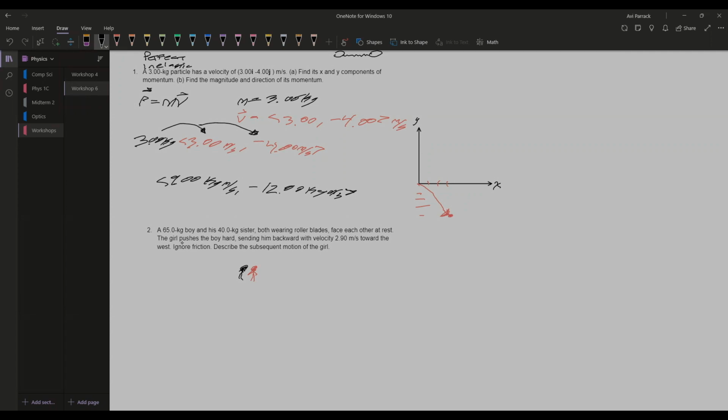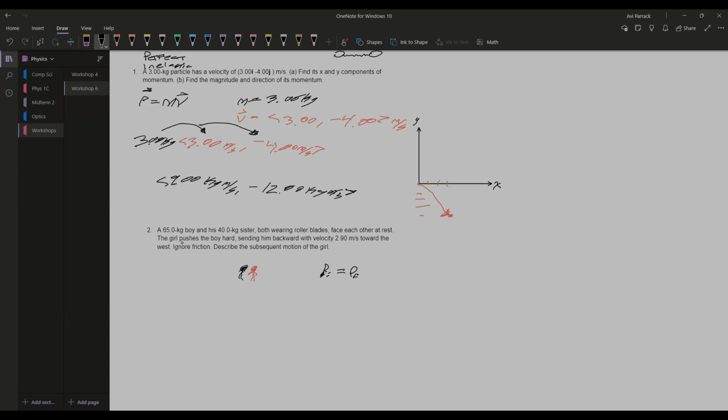We can say that the final momentum needs to be equal to the initial momentum. We can say that P_i needs to equal P_f. So this comes from the idea that when you enact a force, there's an equal and opposite force that reacts back on you when you're contacting someone.